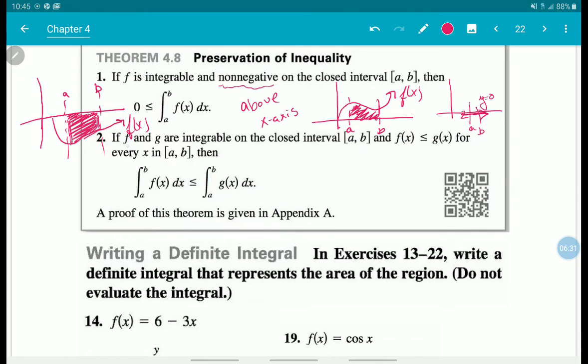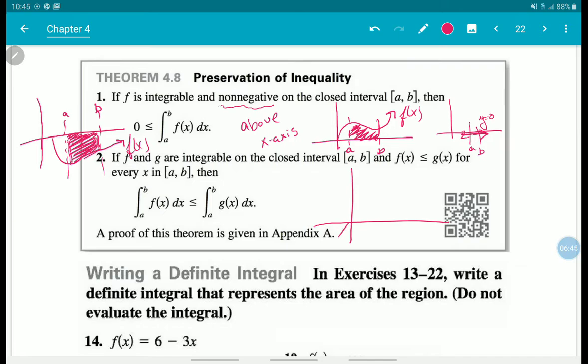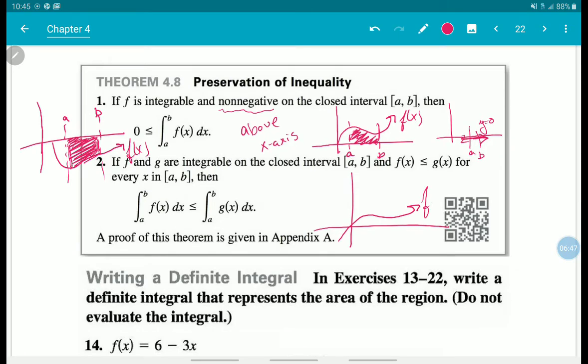And then 2, we have 2 functions that we could integrate over a closed curve. If f is below g of x, then we would expect that area to be smaller than the area under g of x. So let's look at an example. Suppose we have the function f of x here, and then we have another function that we're calling g of x, and we're looking at that piece from A to B. So if we look at that area under f, notice f of x is less than g of x.